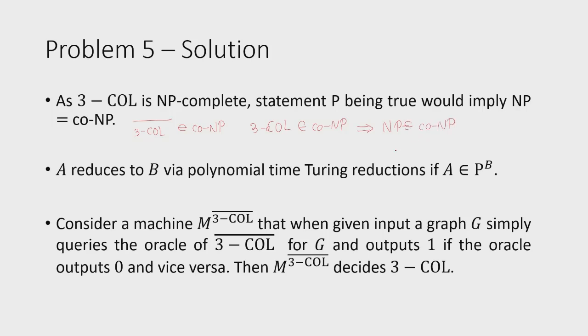But then, as we have seen multiple times in the last couple of classes, this would also imply that co-NP is contained in NP, and therefore NP equals co-NP. So if P is correct, then we would have NP equals co-NP. Is this clear? Okay, sir. But right now we don't know whether NP is equal to co-NP or not, right? It's an open problem. So we can't say anything about P.